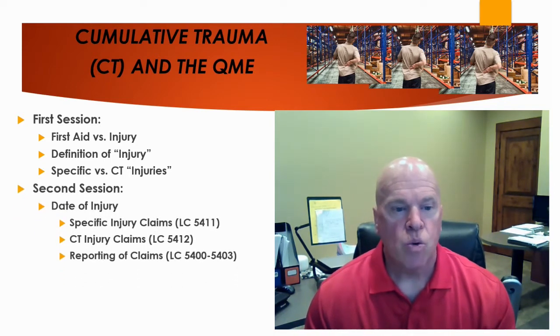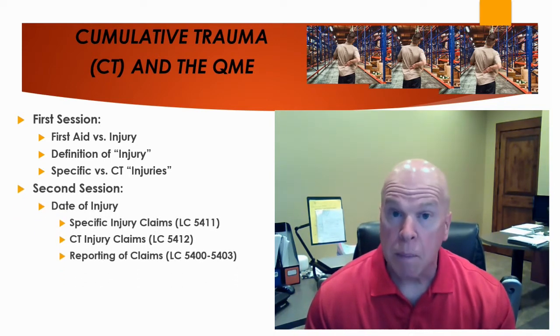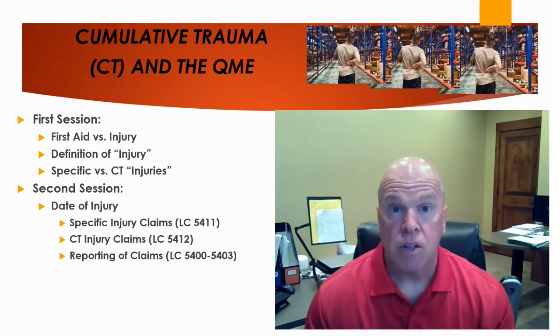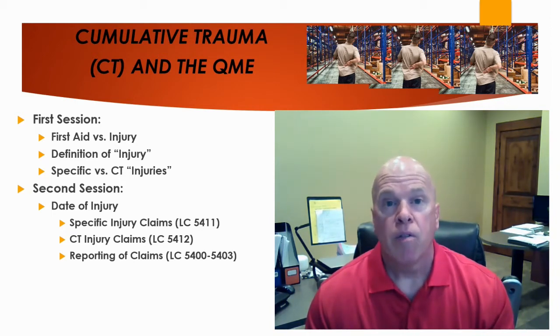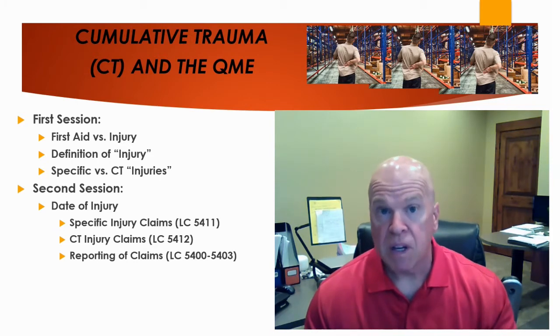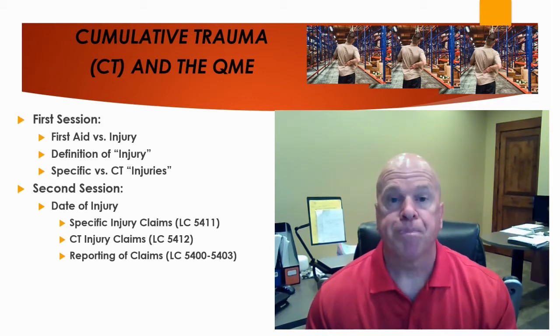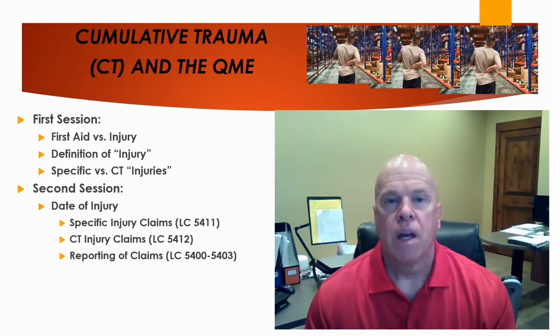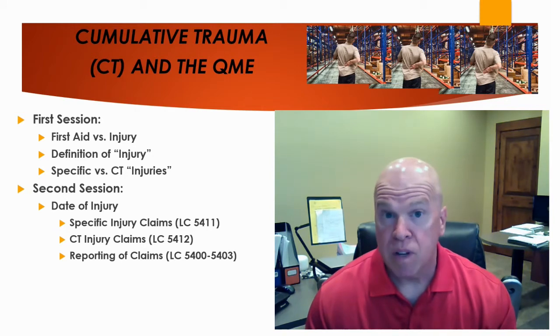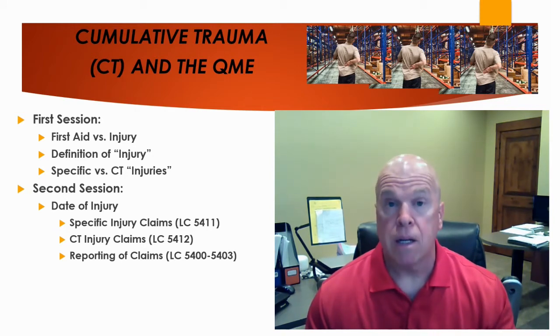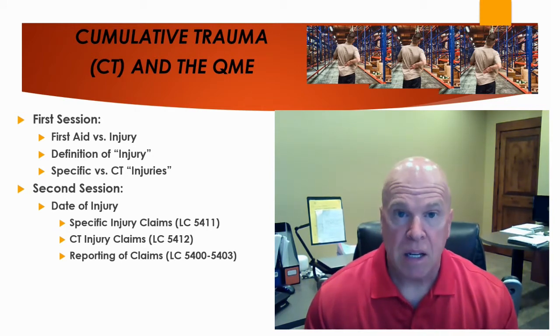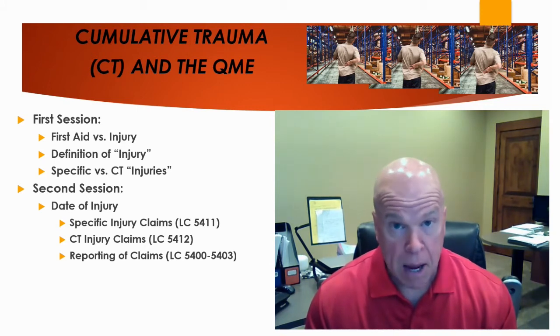That led us into our second session, where we established important principles related to the dates of injury for both claims of specific incidences of injury and also for claims of cumulative trauma types of injuries. Cumulative trauma injuries are due to repetitive, physically traumatic activities extending over a period of time.